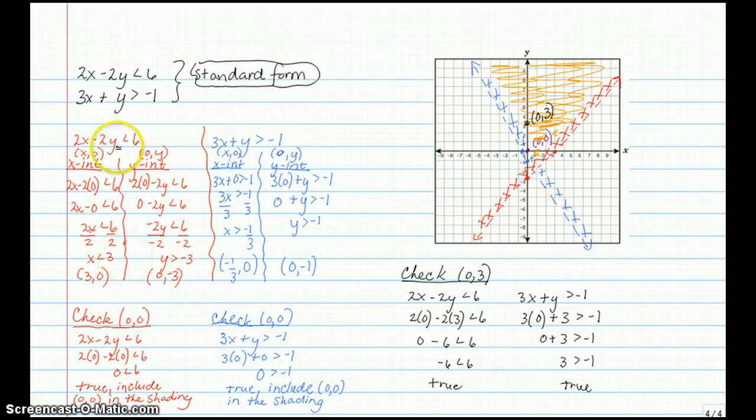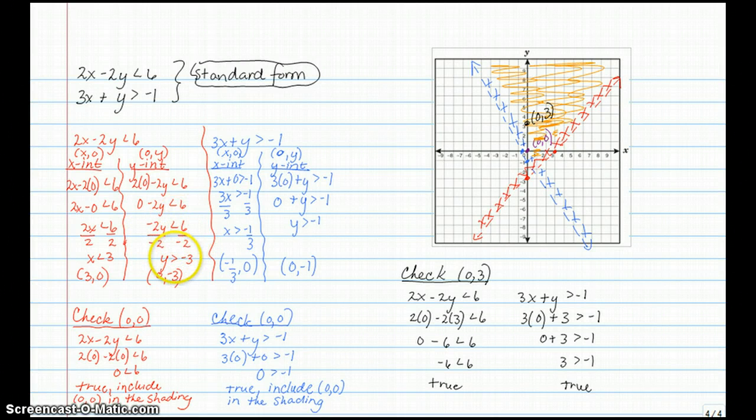For the y-intercept, it would be on the y-axis. So the x-coordinate would be 0, and the y-coordinate would be a value. So 2 times 0 for the x, minus 2y is less than 6. 0 minus 2y is less than 6. Negative 2y is less than 6. Divide both sides by negative 2.